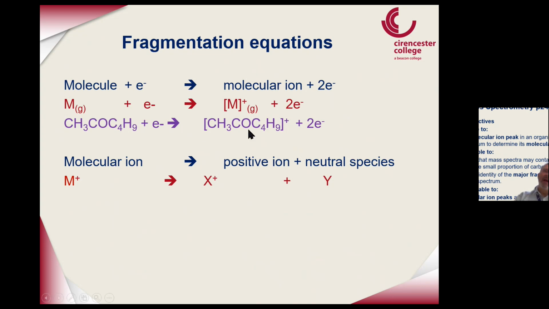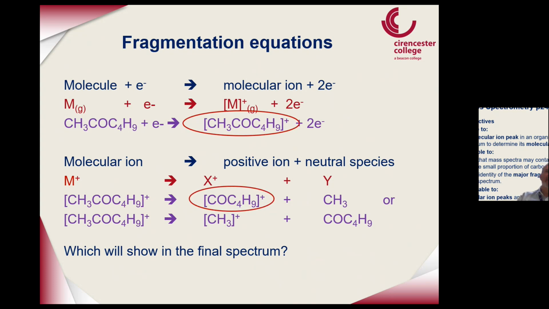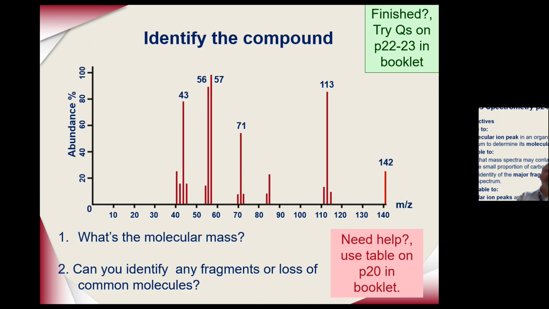If this then gets hit by an ion, we can get that. So we've already got a molecular ion, it's fragmenting again, and we might end up with smaller pieces, either way. Which are going to show in the final spectrum? Only the ones that are positive, that one and that one.